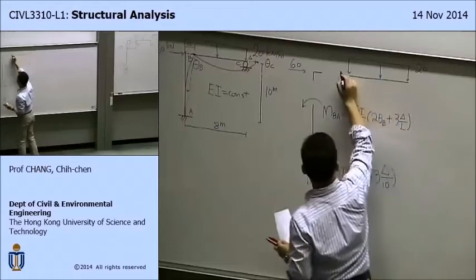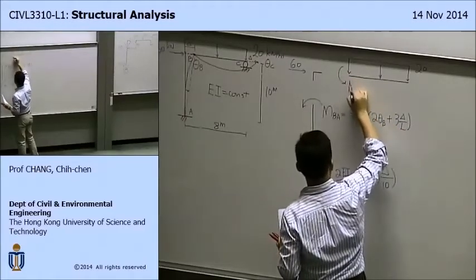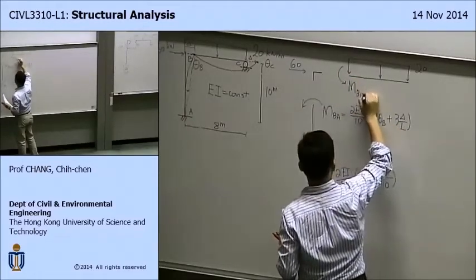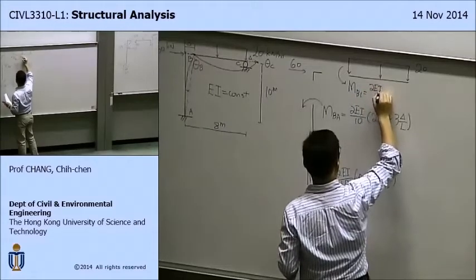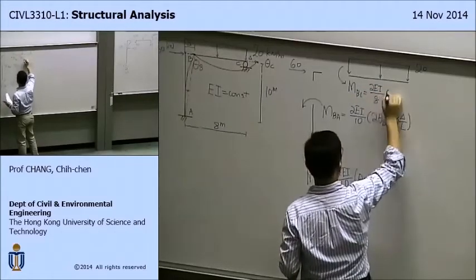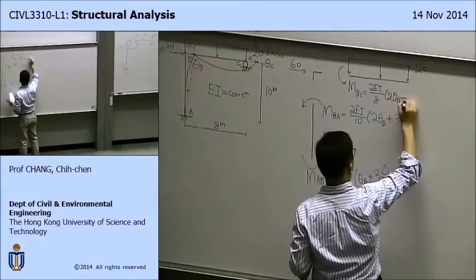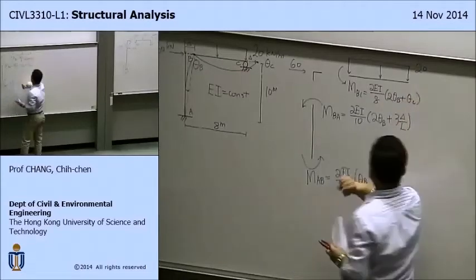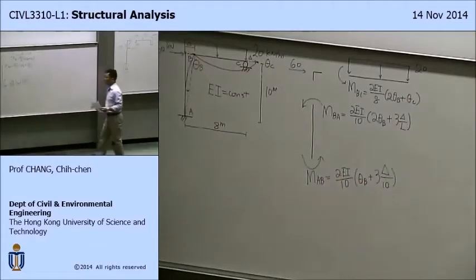For BC components, this is MBC, 2EI over L, 2 theta B plus 1 theta C, no rigid body rotations, and fixed end moments.